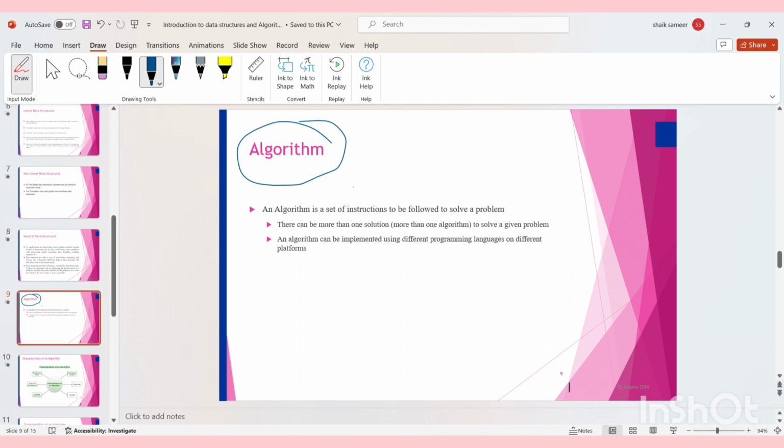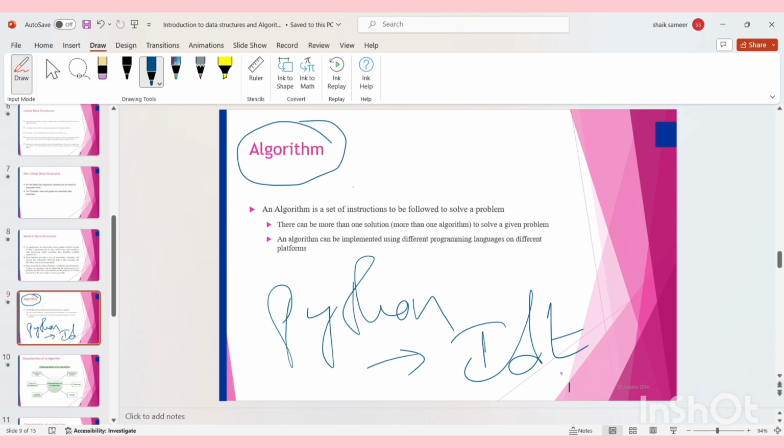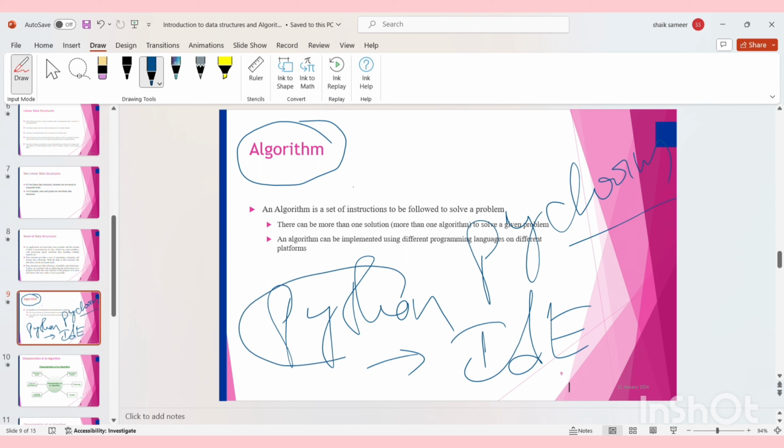For example, Python can be implemented in an interpreter, or in an IDE like PyCharm. If you take addition of two numbers in a Python program, you will get some algorithm to solve that program. The algorithm can be implemented in PyCharm or an IDE.